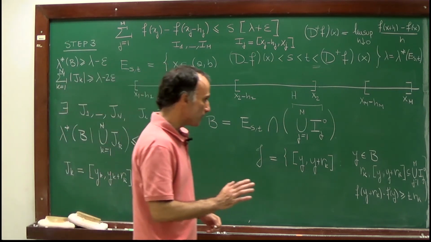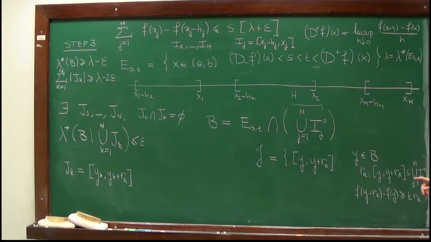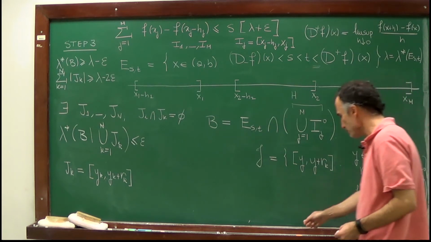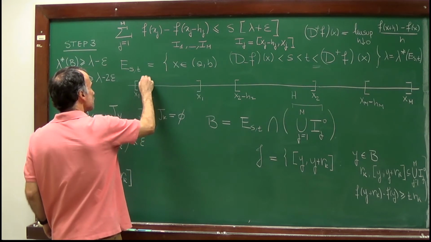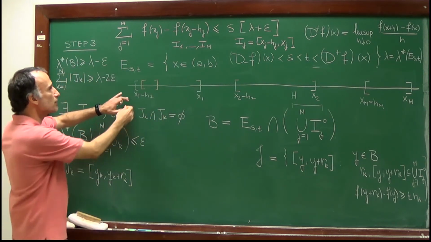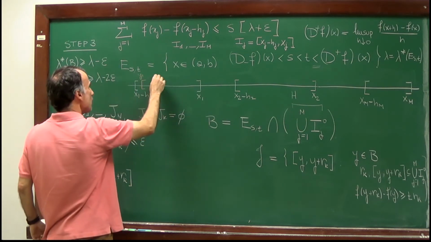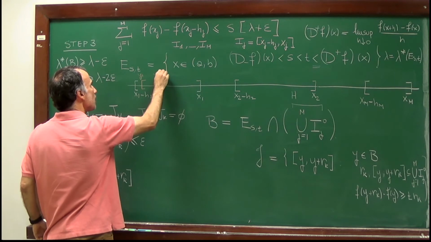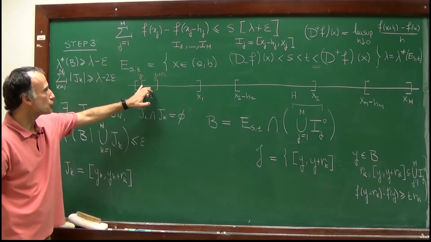Now, in the argument, let's use this property of these intervals. So they are all contained. This means that the first interval, probably it's contained in the first interval. So y1 plus r1 should be the leftmost one, therefore it should be here.